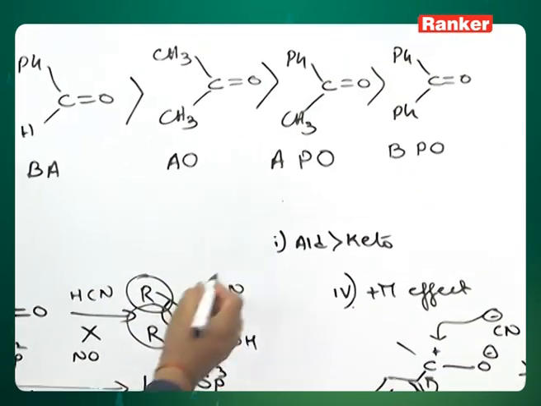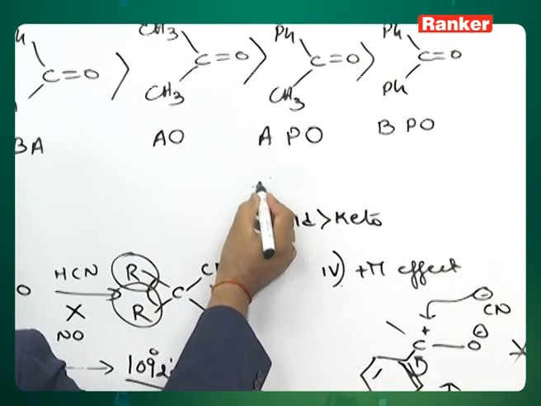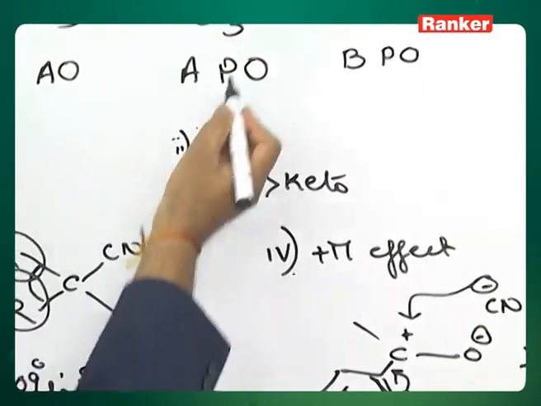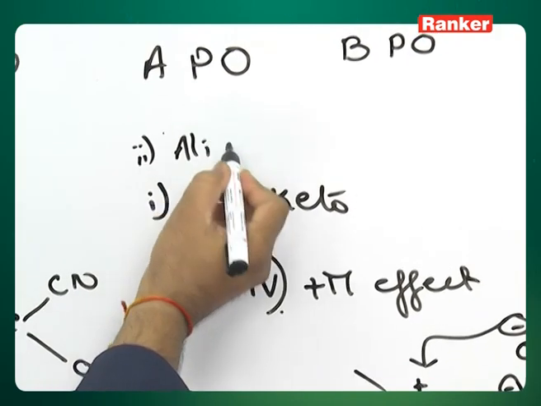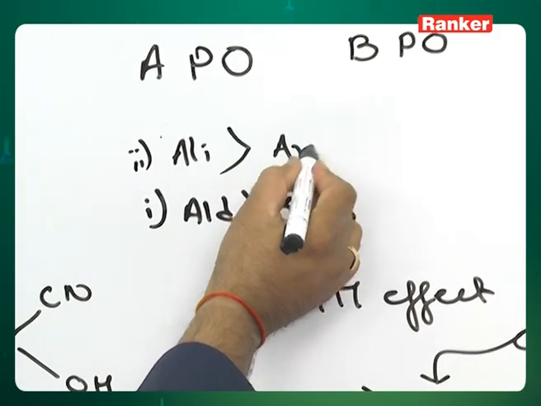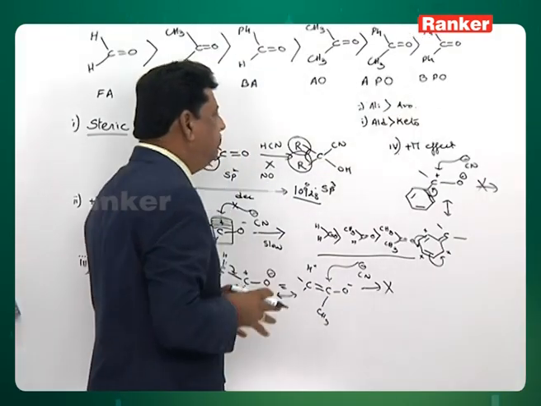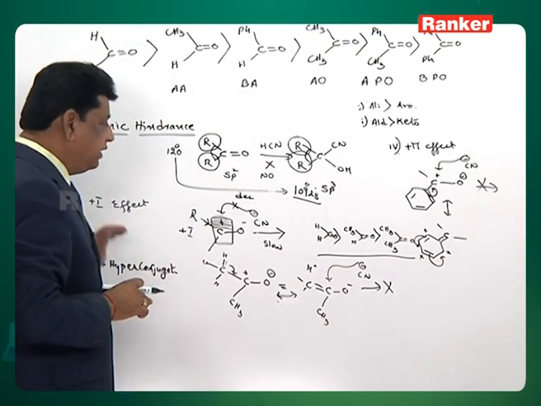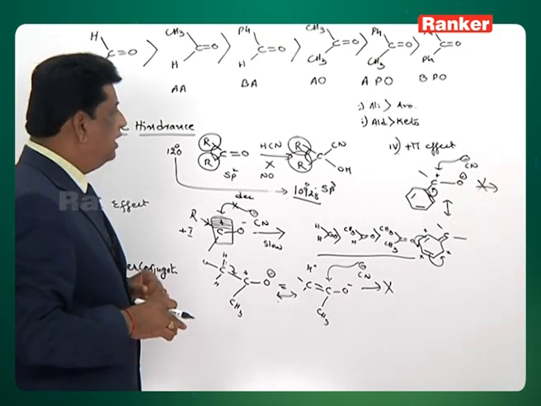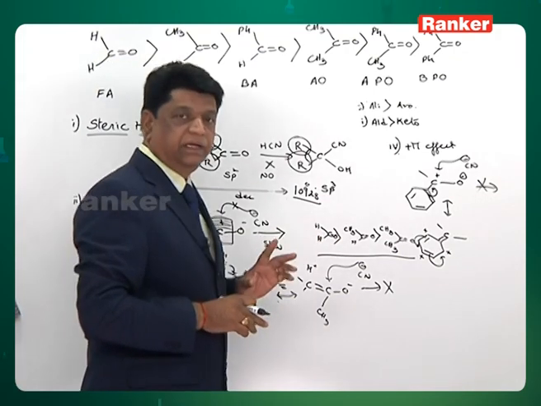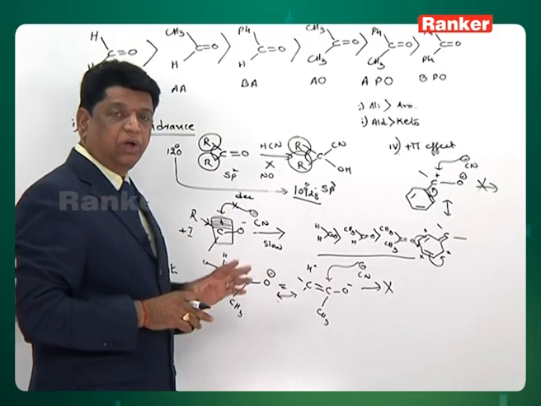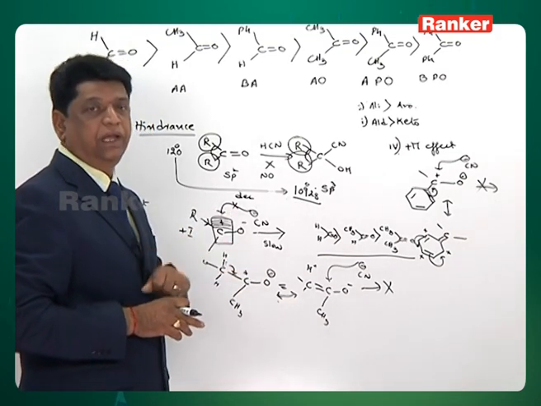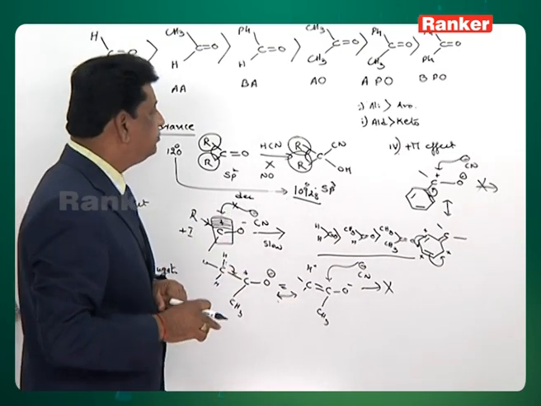So you can claim another factor here, isn't it? Aliphatic and aromatic: aliphatic will be the more reactive one. Always aliphatic is better. In the aliphatic you find only the inductive effect and hyperconjugation, but in aromatic the plus M effect, the mesomeric effect, is strong and dominates over the inductive effect and hyperconjugation.